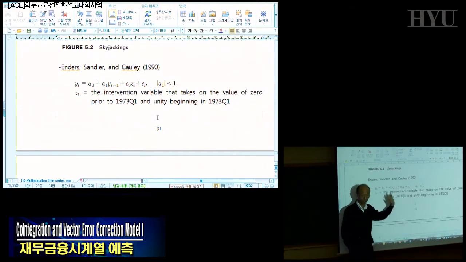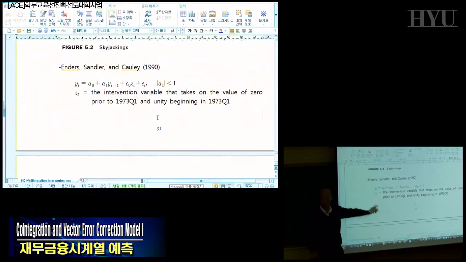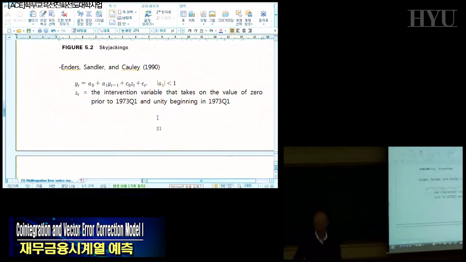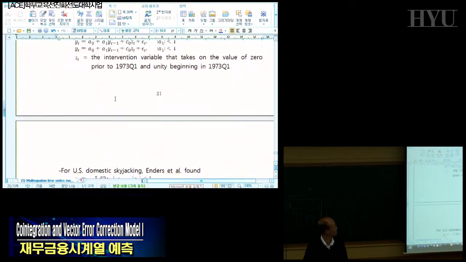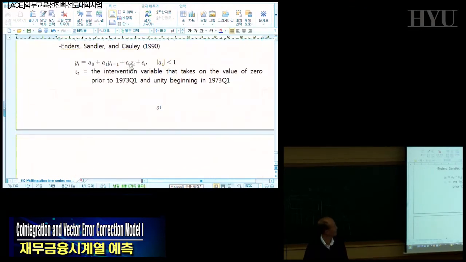Okay. The simple dummy variable, right? And estimated a problem and found this coefficient significant, negative. So introduction of metal detector lowered skyjacking. Okay. So this one was significant, and these are not.